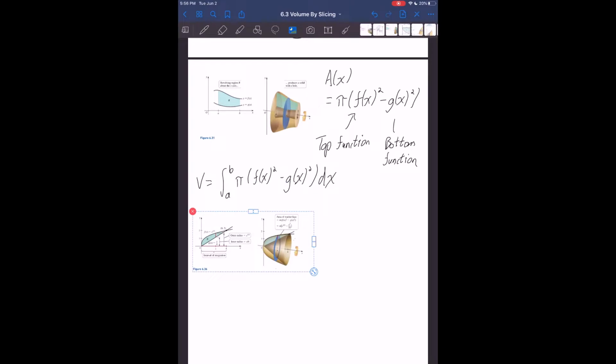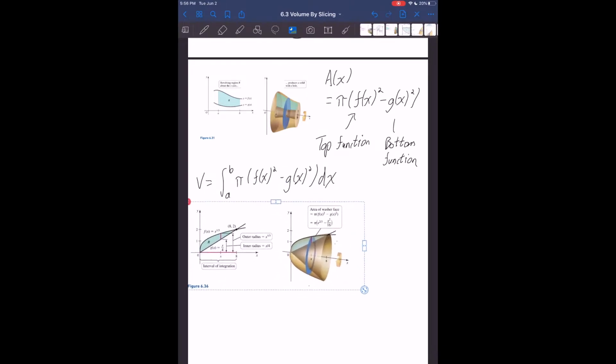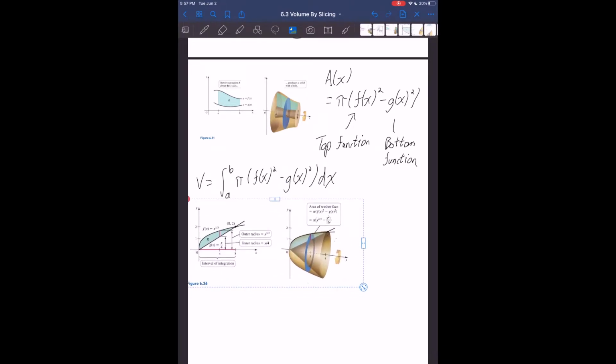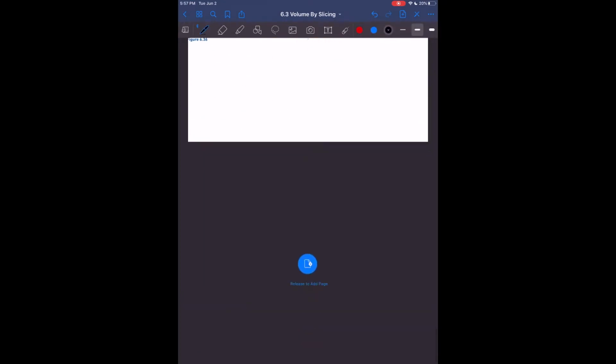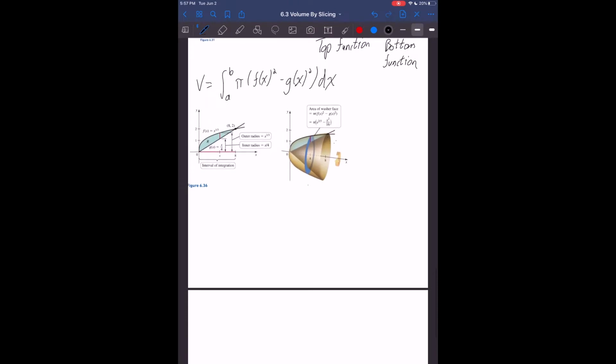So the example that we are going to be doing, which I have right here, is this weird thimble shape where we're going to remove the cone from the inside of it. So we want to figure out what the volume of this shape is. If we look at this, my outer radius will always be this f of x, x to the 1/3.